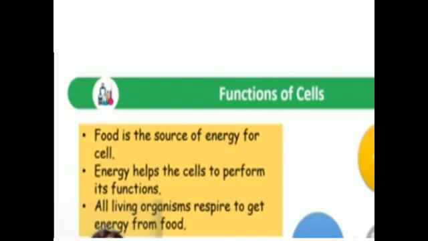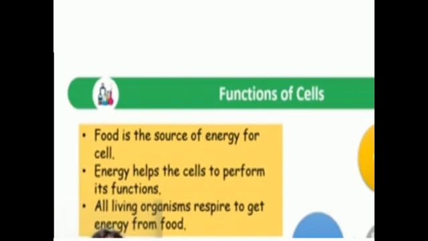Now, the breakdown of the food takes place. In the cell, the release of energy with the help of food is called respiration, or we can say cellular respiration. The process of breaking down the food takes place in the cells, and then it releases the energy.